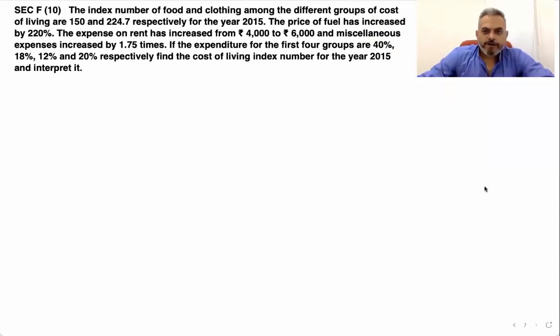Section F, question number 10. The index numbers for food and clothing among different groups of cost of living are 150 and 224.7 respectively. The price of fuel has increased by 220%.